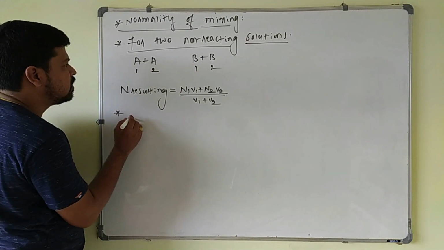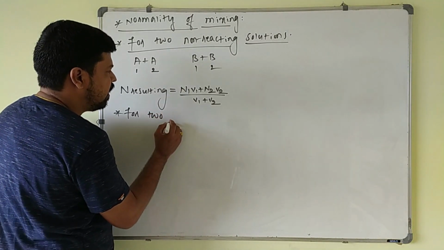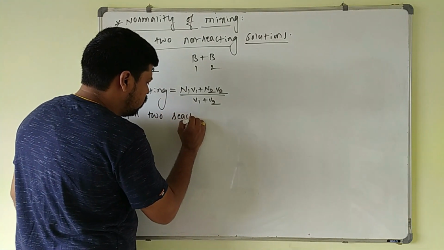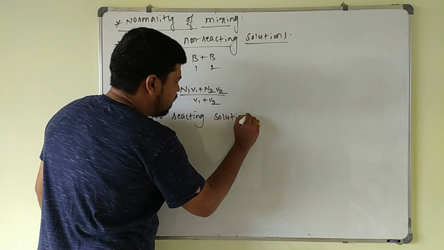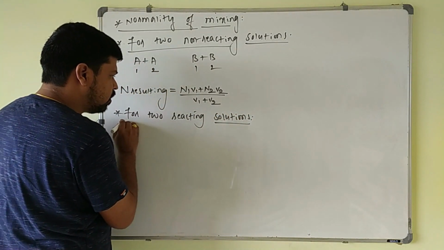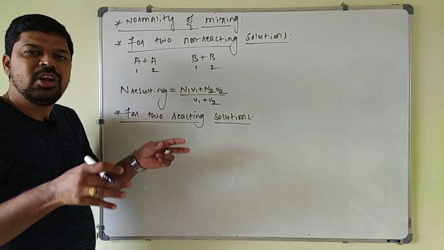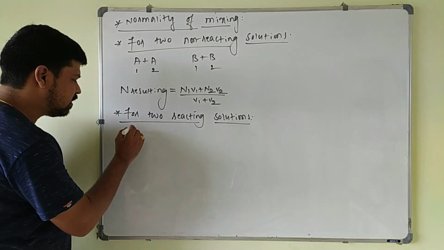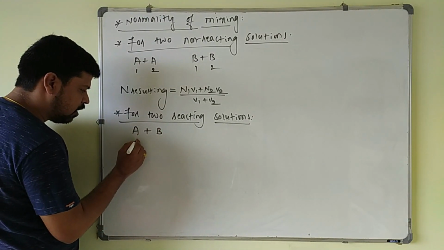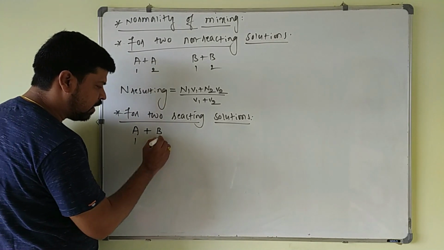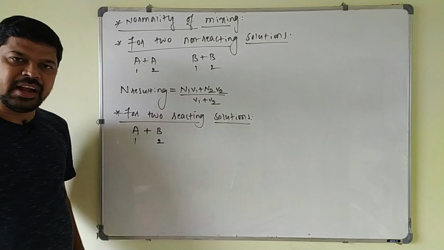Suppose two reacting solutions are mixed together. For two reacting solutions means whenever an acid is mixed with base, these two will react, which are having different normality. Then what will be the normality of the resulting solution? For example, acid is mixed with base. Suppose the normality of the acid I will take as component 1, N1, and the base as component 2, having N2.